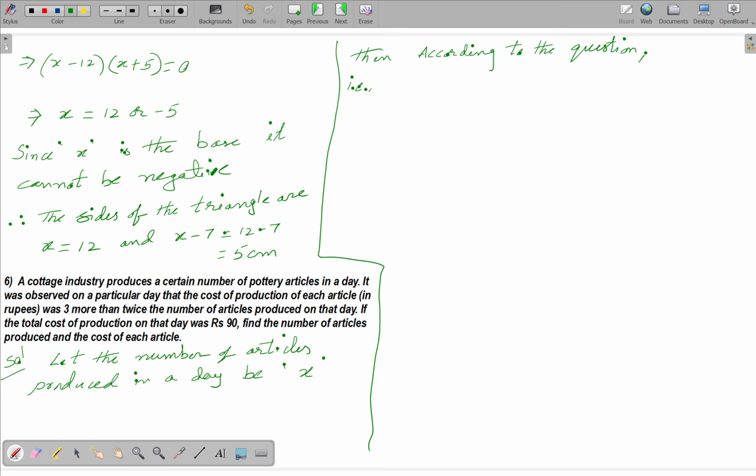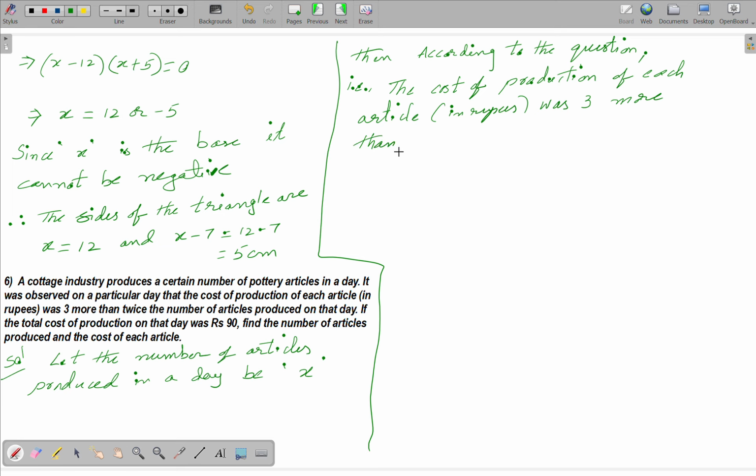That is, the cost of production of each article in rupees was 3 more than twice the number of articles produced on the day, 2x plus 3.